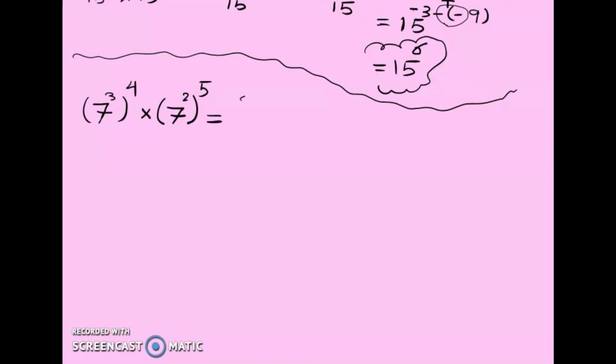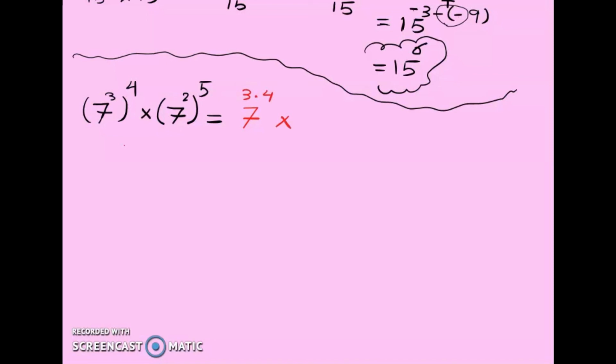What is the solution? Do you remember the power of a power? It is 7 raised to the 3 and again raised to another exponent. This is power of a power. When you have a power of a power, you multiply the exponents. It means 3 should be multiplied by 4.